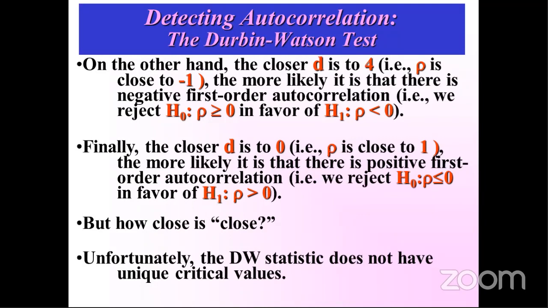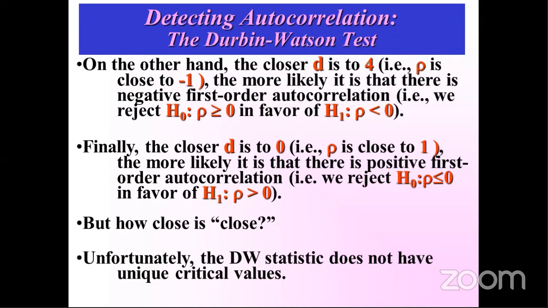Based on this distribution, by using Monte Carlo simulation, they developed the Durbin-Watson tables, and also identified the probability values from that simulation, and they provide us the critical values.